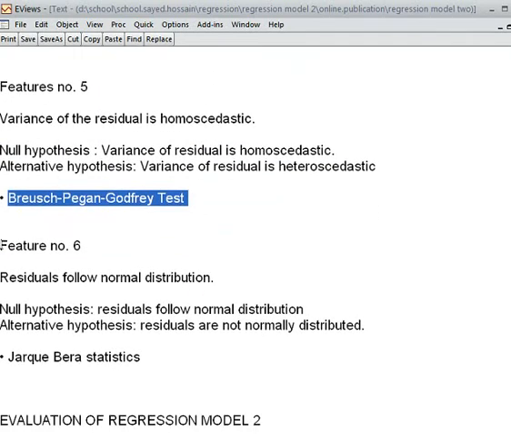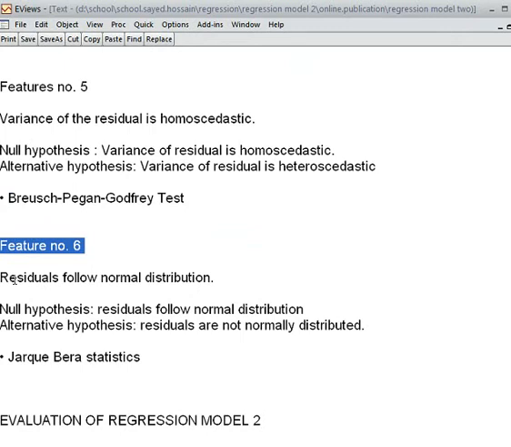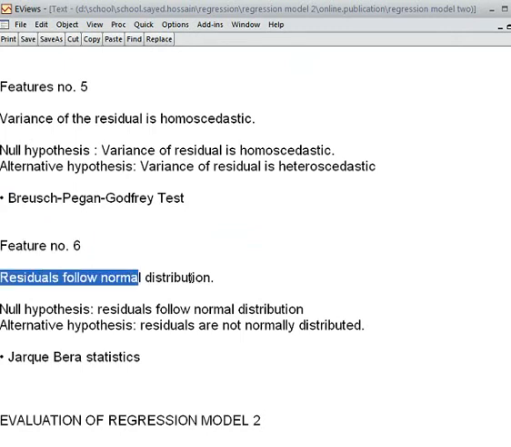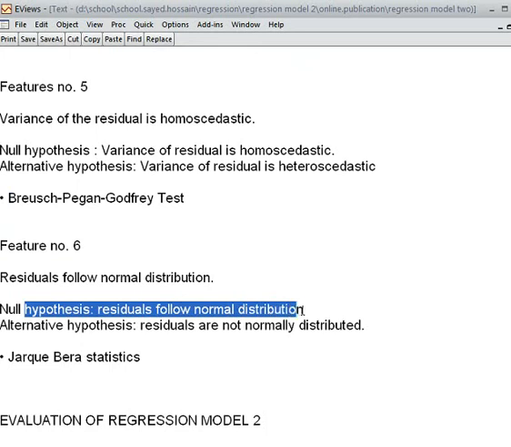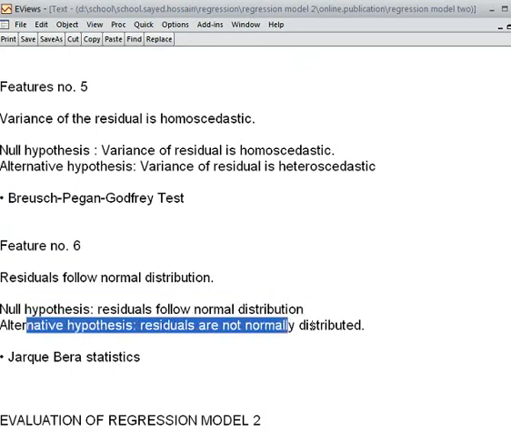Feature number 6 is what? Residuals follow a normal distribution. So what is the null? Null is residuals follow a normal distribution. And the alternative, residuals are not normally distributed.